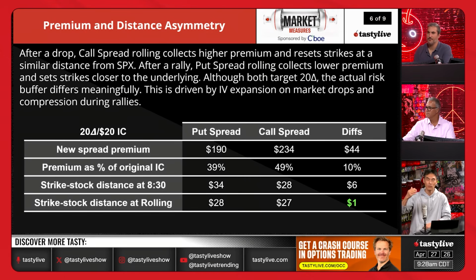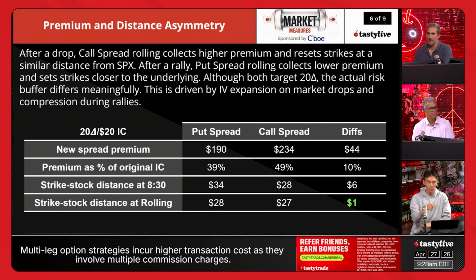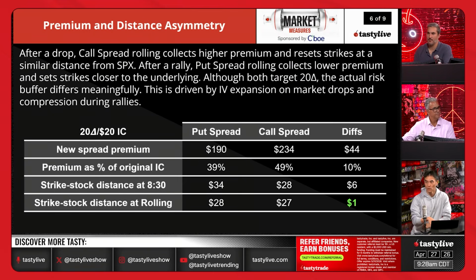You roll up, time has passed, the premium reduced. You should be getting closer and closer to your stock price. If you roll right before 3, it's probably going to be $1 away from your stock price. But the amazing part is that rolling the call side gives you almost the same distance as your order entry. It's only $1 difference. At order entry, the average distance is $28. After you rolled, the average is $27.